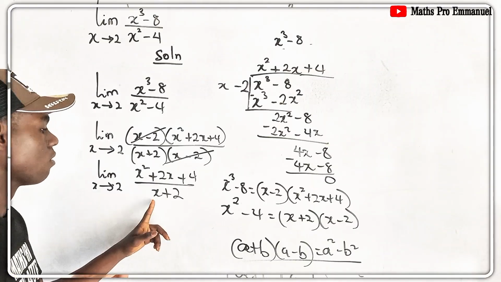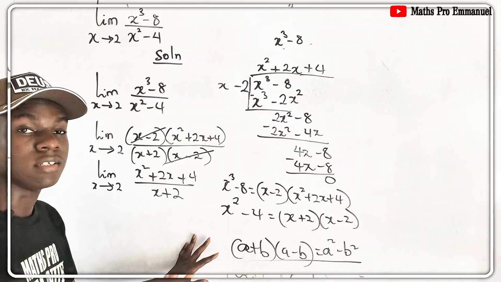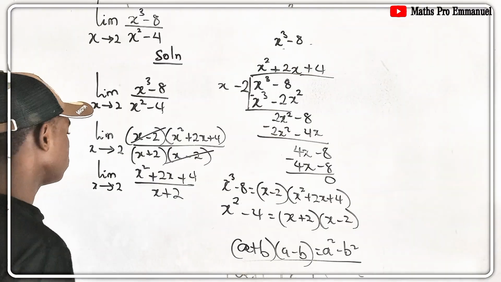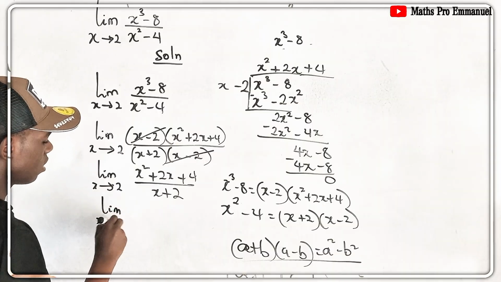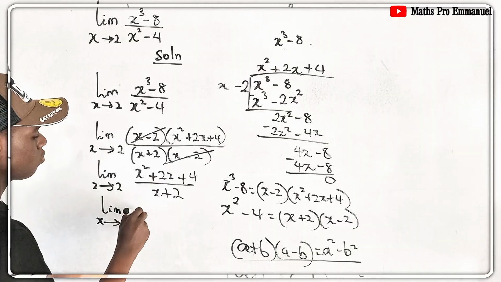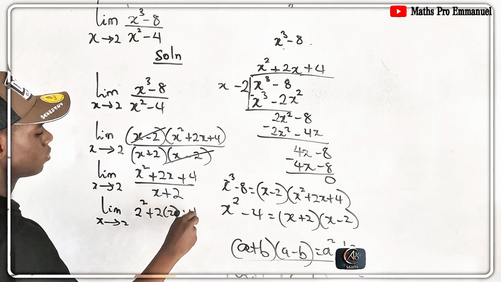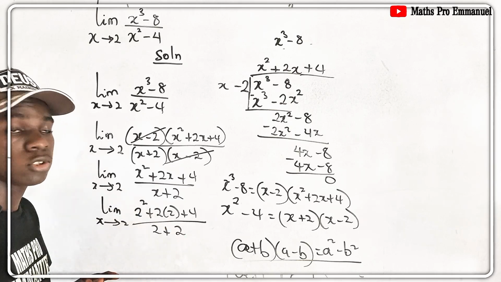If I just put 2 here, I will have 4, which is a proper fraction and it's not an undefined fraction. So now let me just substitute. Limit x approaches 2, here I will have 2 squared plus 2 multiplied by 2 plus 4 all over 2 plus 2. It's just simple substitution.